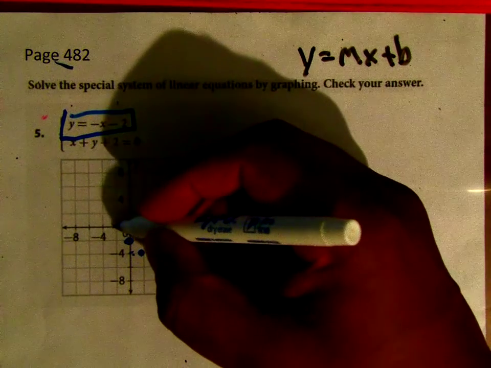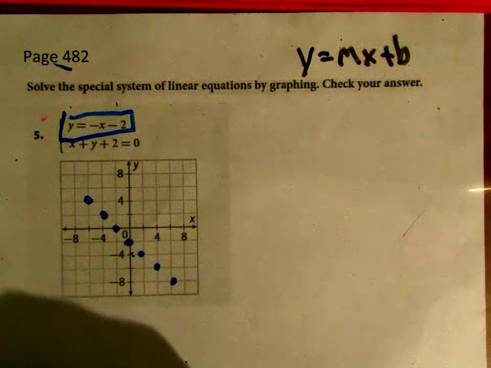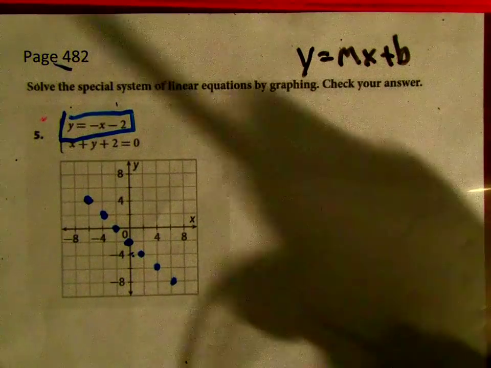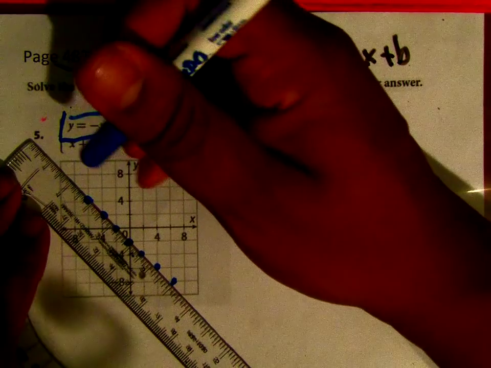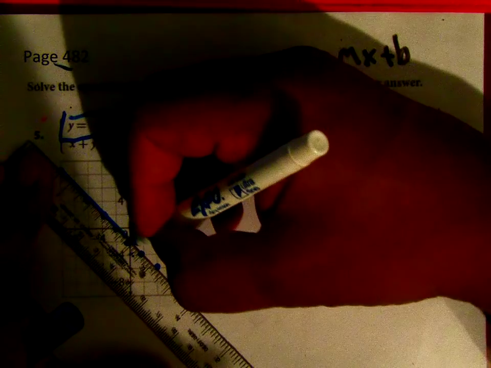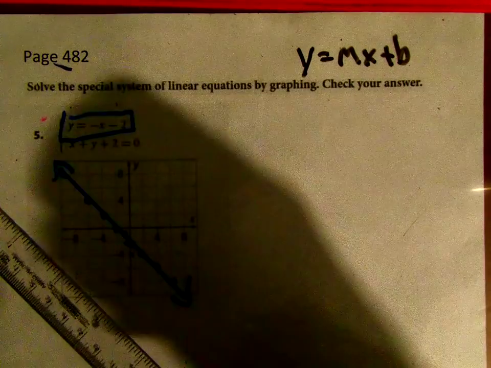You also go up 1 and back 1. Alright, and then I draw my line. So that's the first one.